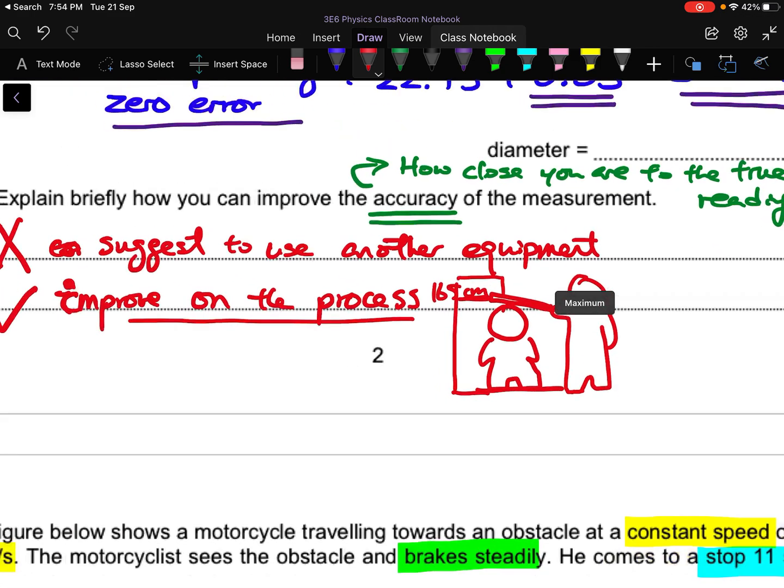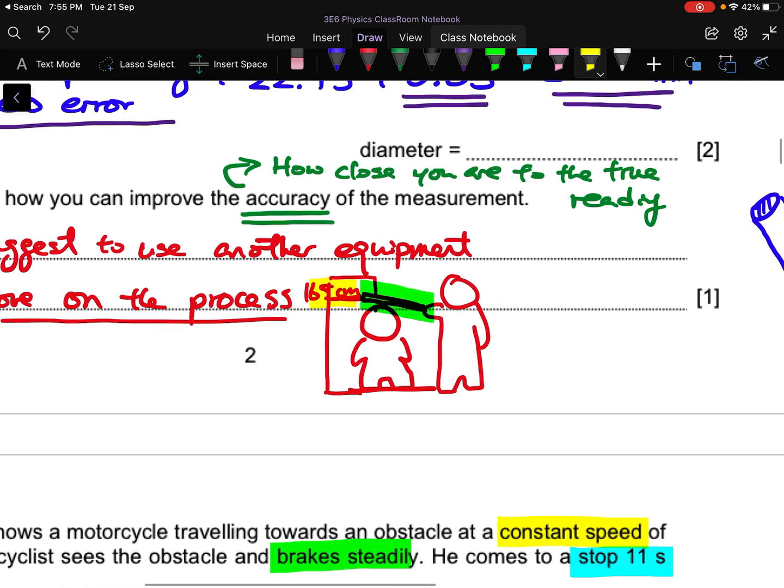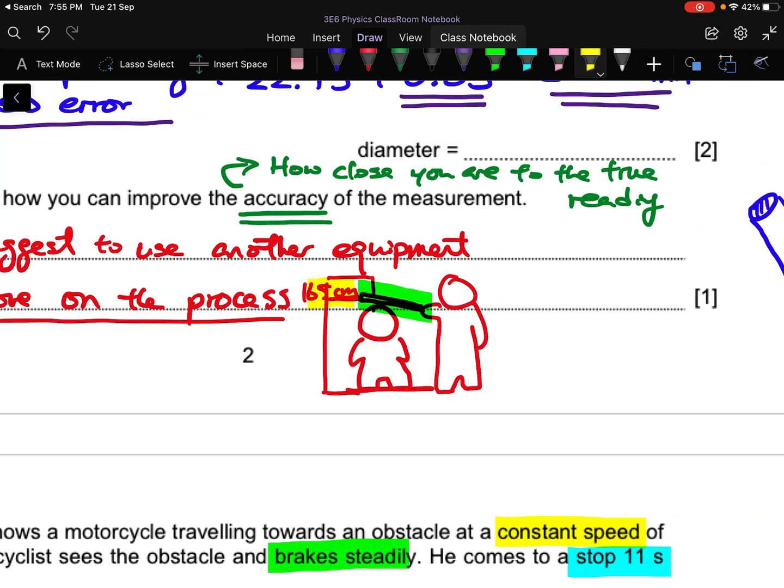But as you can see, the person using the stick to align the top of your head with the ruler scale, the stick can be slanted, so it is not a very good process, right?